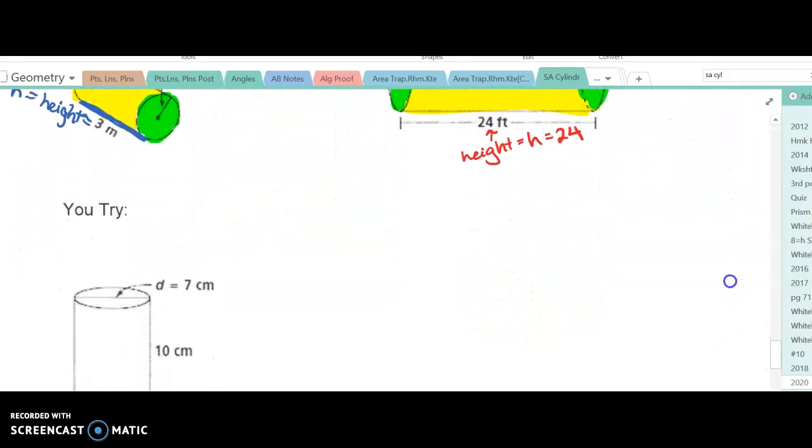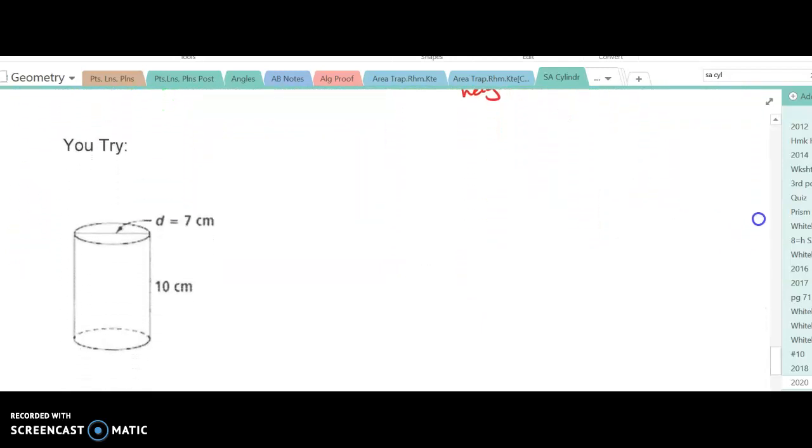Okay, so I hope you'll pause the video and take a crack at this one. Keep in mind this time they gave us the diameter, the distance all the way across that circle base, not the radius. So remember, you'll have to divide by 2 to get the radius. I divided my diameter 7 by 2 to get 3.5 for the radius, the r.